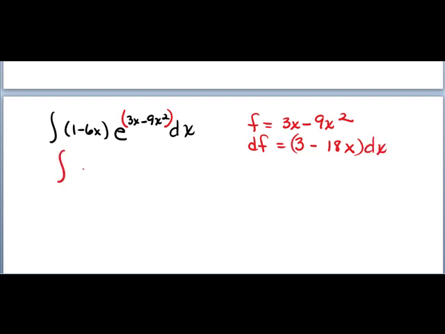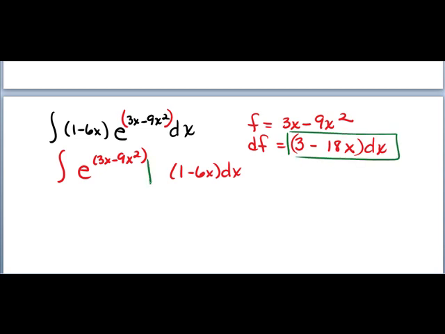So if I rearrange this, I'm going to have this up in the power, and I've got 1 minus 6x dx, but my two boxes don't match. But it's close. If I multiply the 1 minus 6x times 3, I'll get the 3 minus 18x. So I would need to multiply by 1/3 out front.